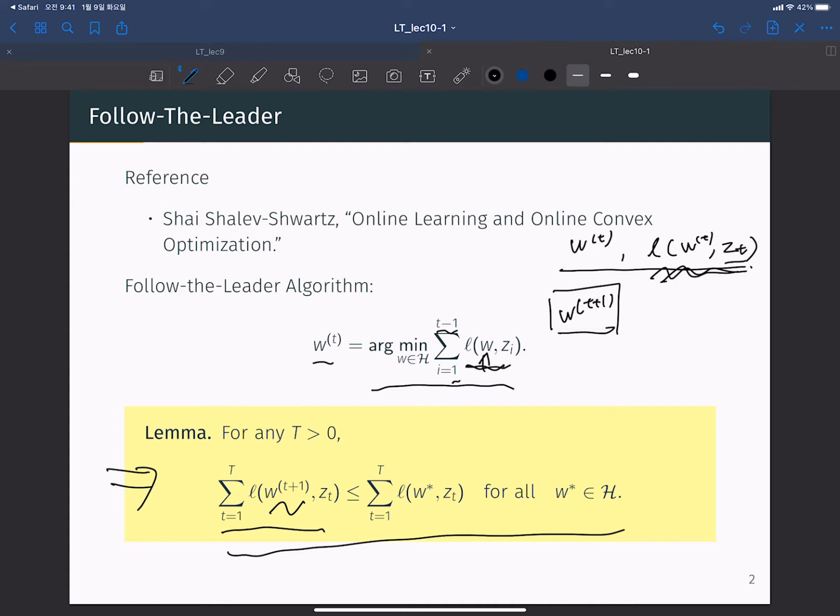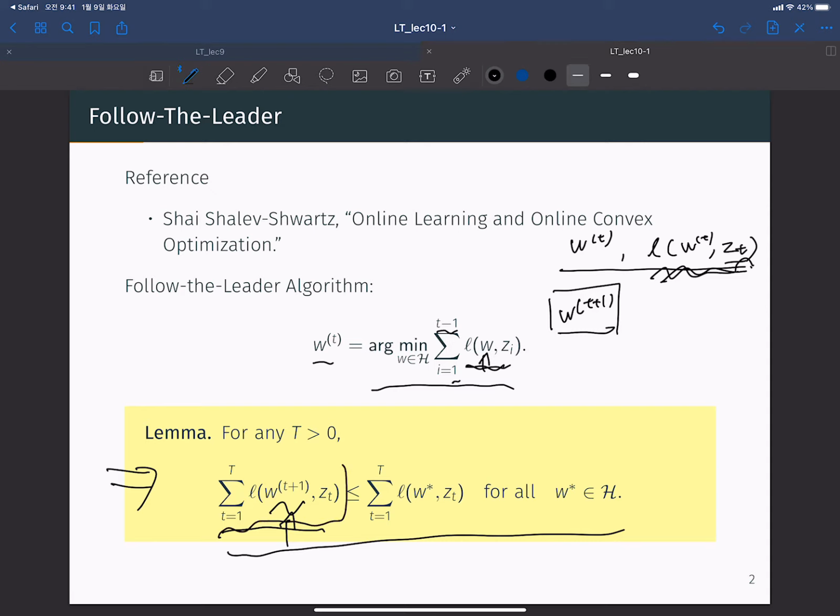Of course, this is an impossible rule because we cannot observe z_t before playing w_t, before we play at time t. So this is not possible at all, but let's assume some god helps us. So we know z_t before playing, so we can play w_{t+1} at time t.